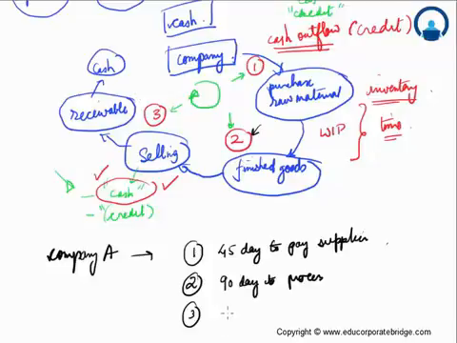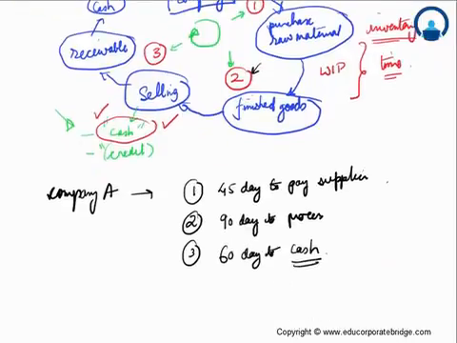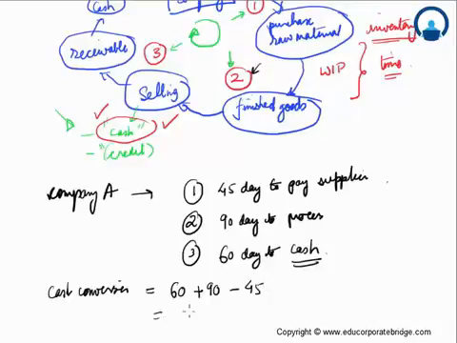On average, let's say they take another 60 days to convert receivables into cash. So what will be this company's cash conversion cycle? In this scenario, the cash conversion cycle will be 60 days plus 90 days minus 45 days. So this will come out to be 105 days.